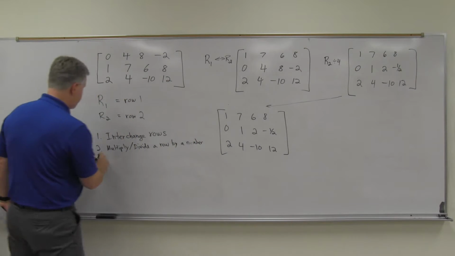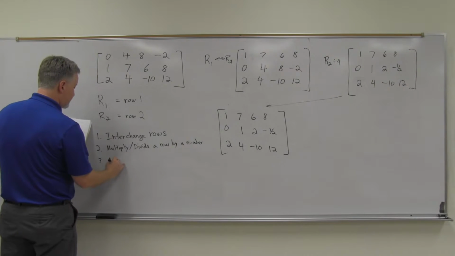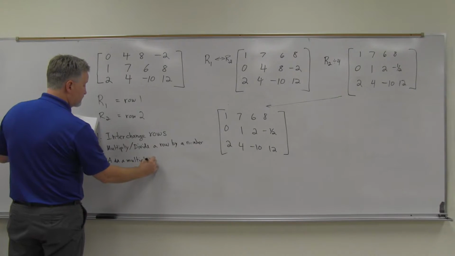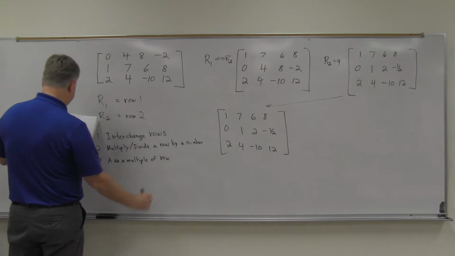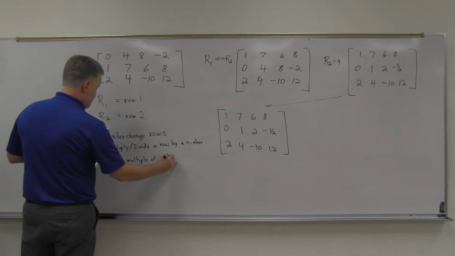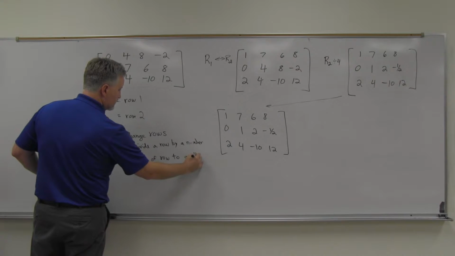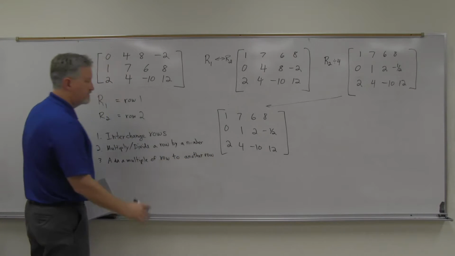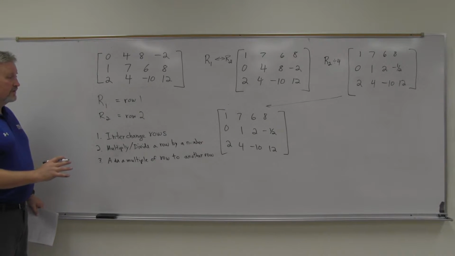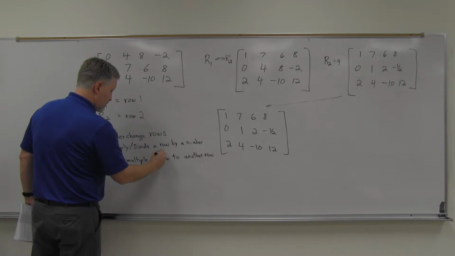So that's the third thing you can do: add a multiple of any row to another row. And that doesn't change the value of any of the numbers either.